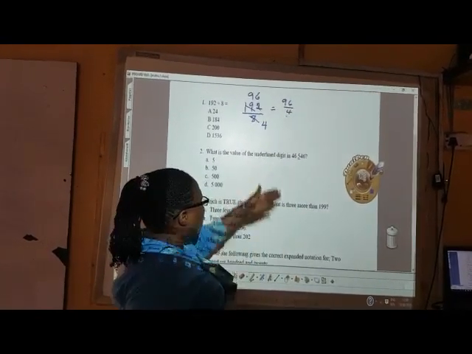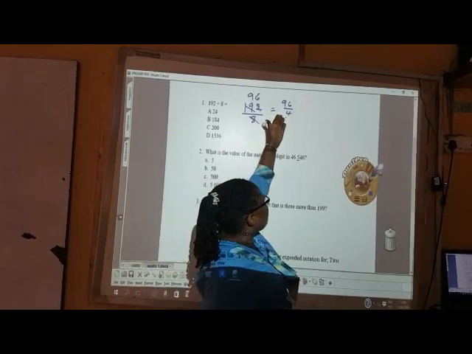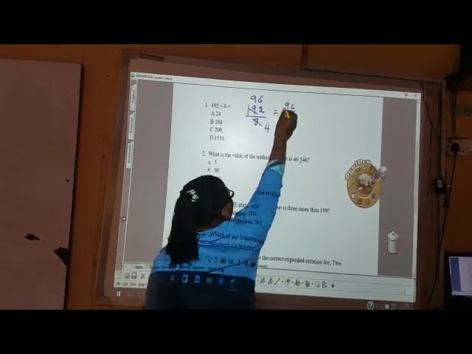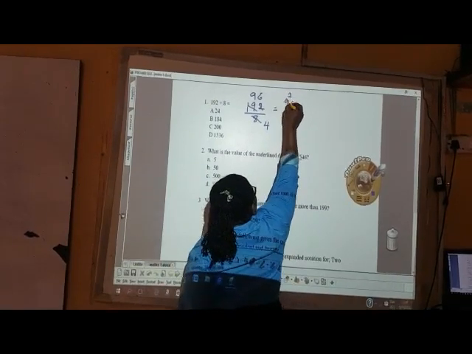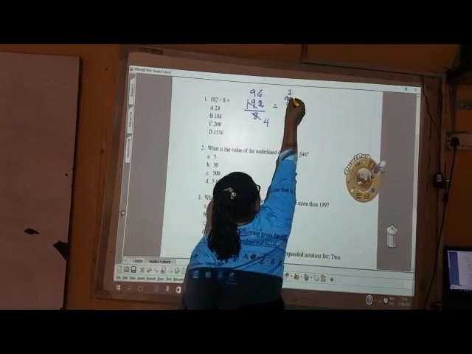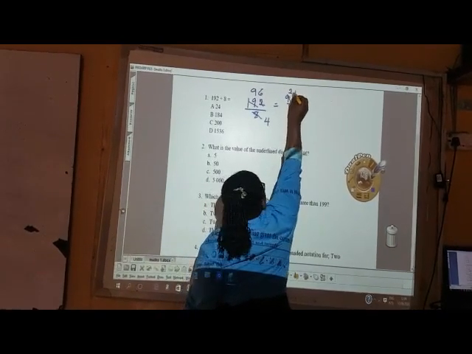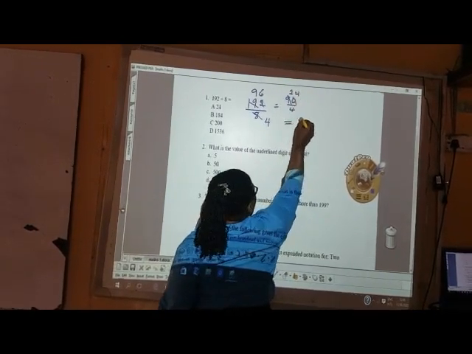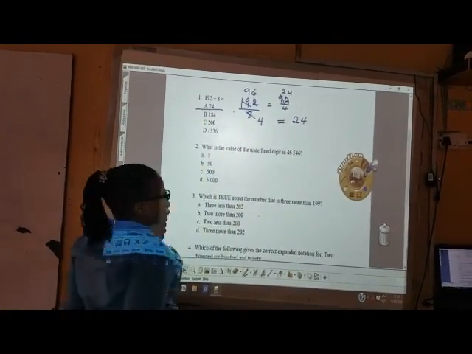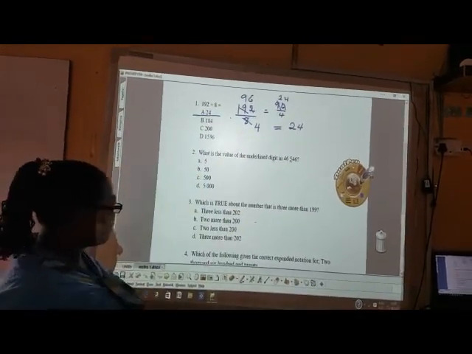Now, 4 can go exactly in 96. 4 goes in 9, we have 2 and remainder 1. 4 goes in 16 now, we have 4. So our final answer here is 24. So we pick A as our answer.